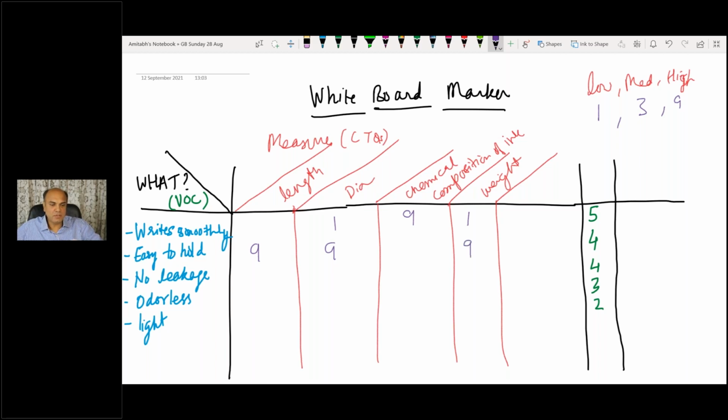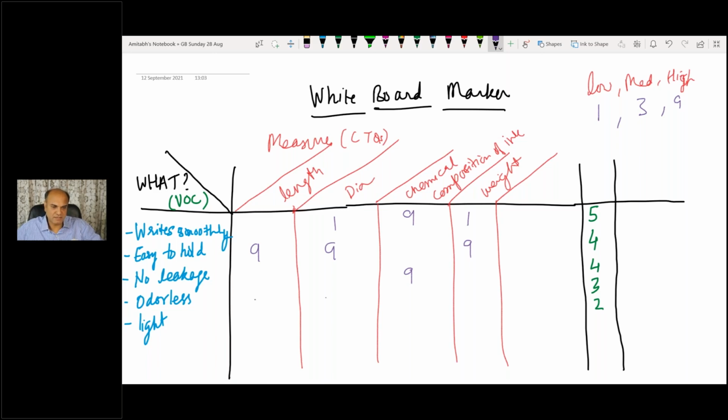Then no leakage. Length and diameter may not have too much impact, or they're not going to express that particular need of the customer so well. But chemical composition, of course, that's 9. Then weight of the pen and no leakage, I don't think they're related.